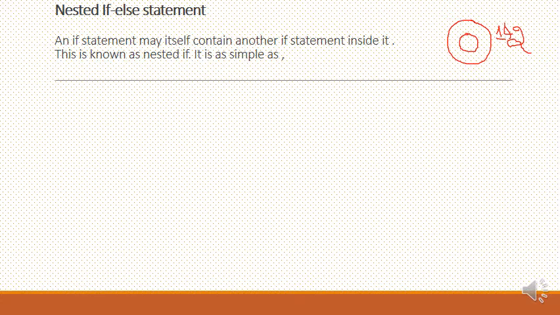Nested is nothing but one if-else statement inside another if-else statement. If you want to check more than one condition, then we use the nested if statement. In this way you can check more than two conditions also, which you will study in the next class. Today we are going to study only two conditions.